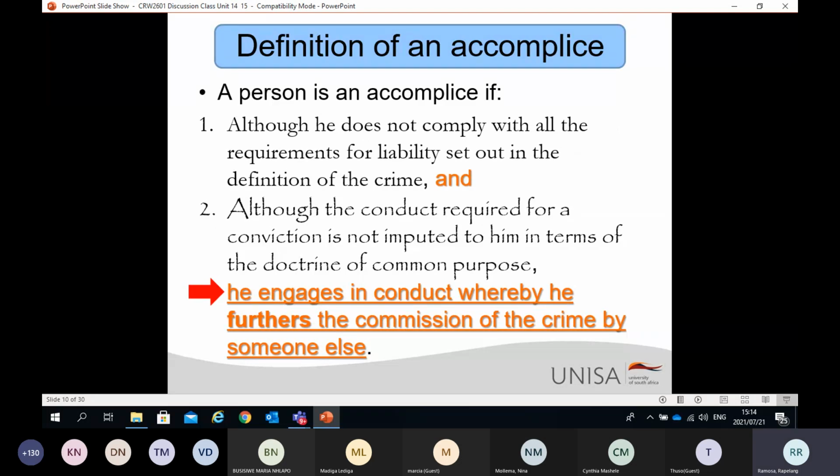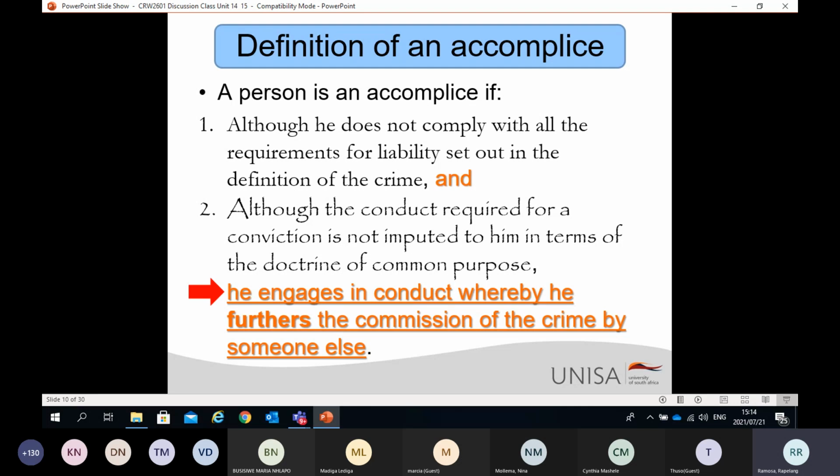Now, the importance of knowing the definition of perpetrator is that if you know and you are clear in terms of how to define who a perpetrator is, then you will easily identify who an accomplice is, because an accomplice necessarily by definition excludes the two types of perpetrators that we've spoken about.